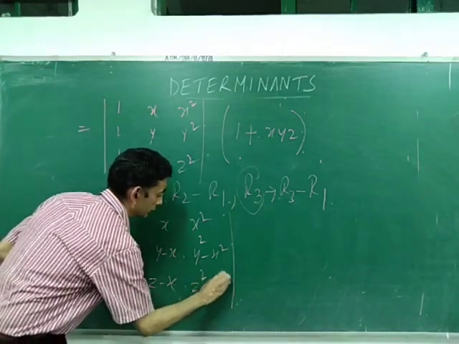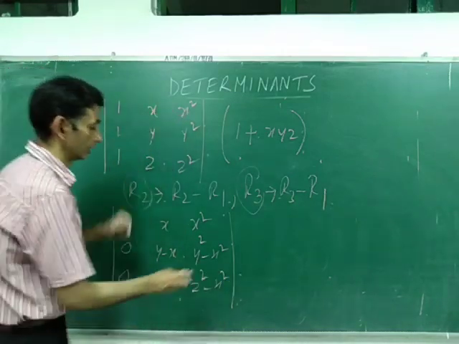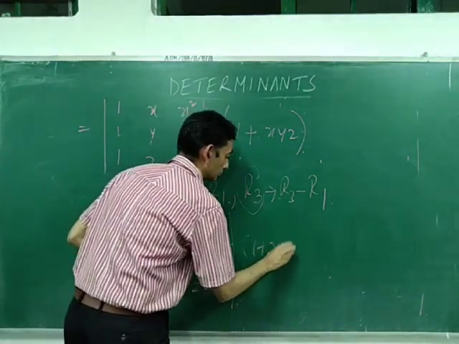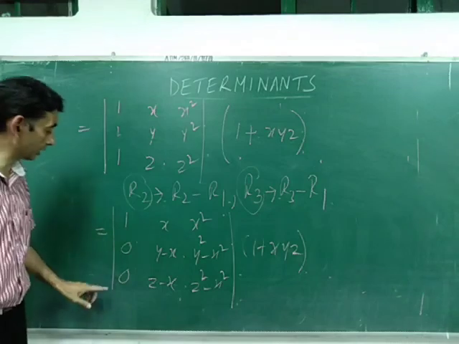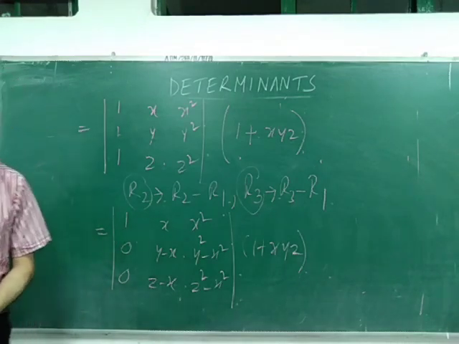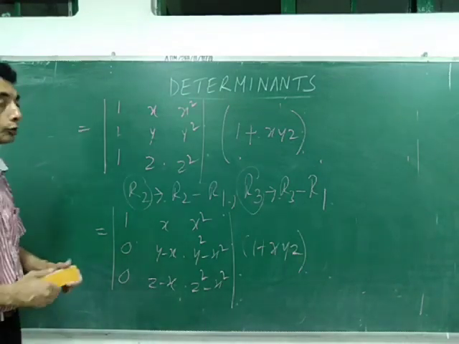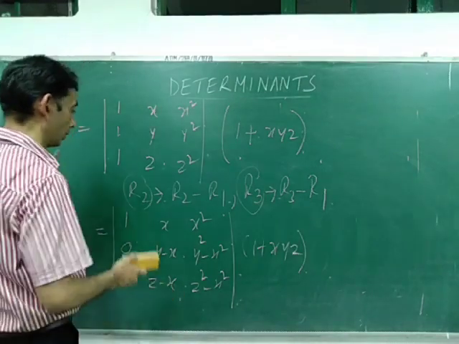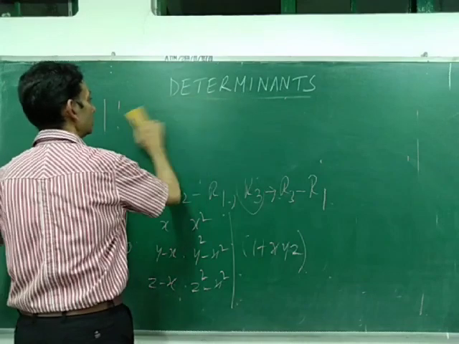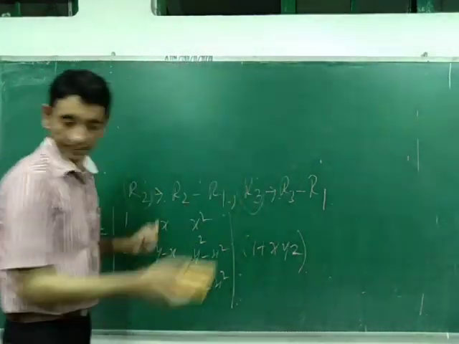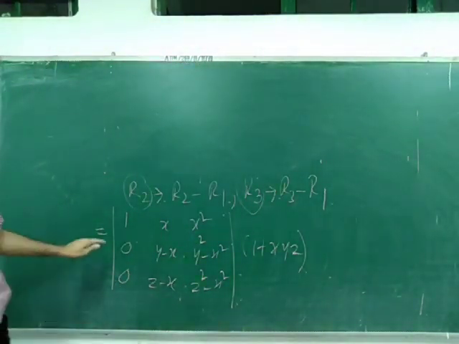There is no change on this number. Done? You have seen that one column got simplified now. What will be the next steps? The next steps we are going to follow are this.